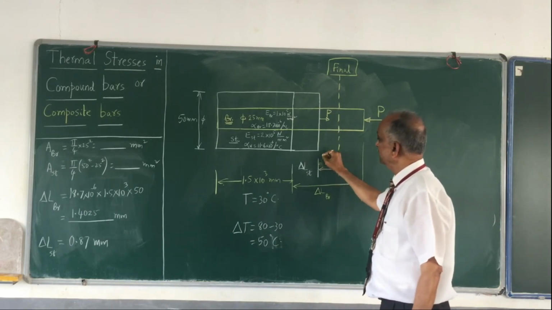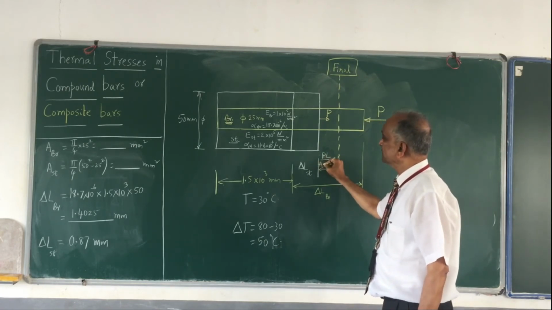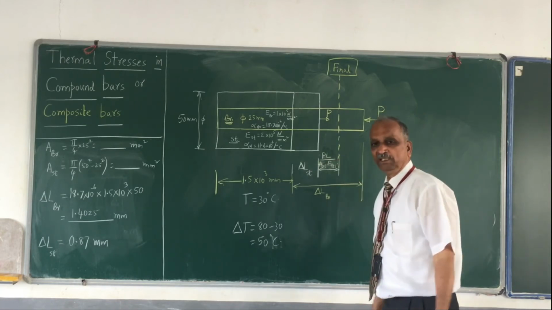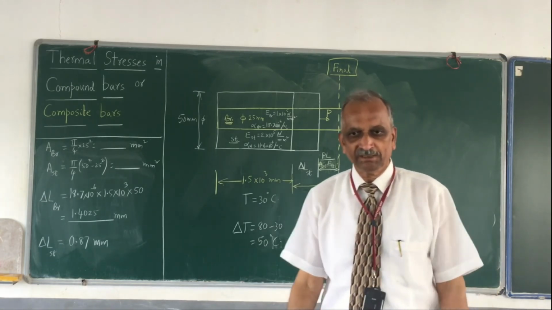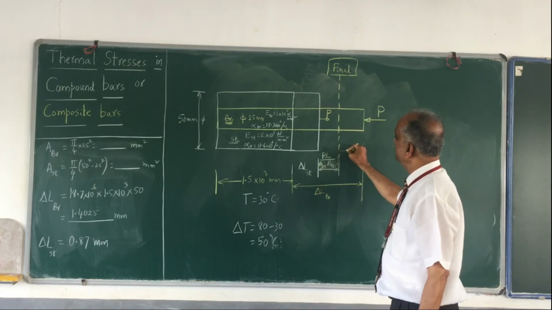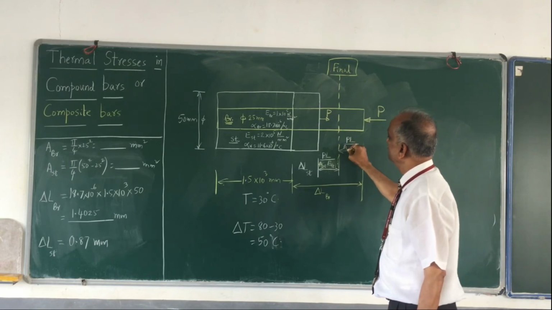It is P into L, they are the same for both brass and steel, then A of steel, then E of steel. It is basically PL divided by AE, that's the formula I am using. Similarly, this portion is the compression of the brass, which is equal to PL divided by area of the brass into E of brass.